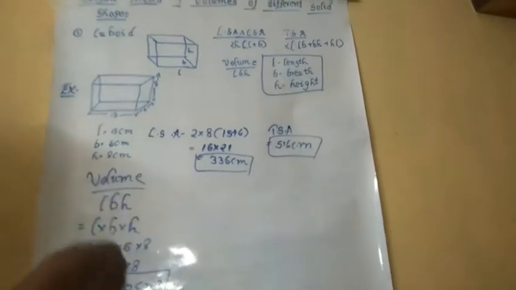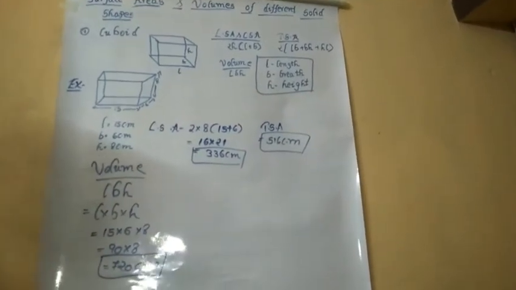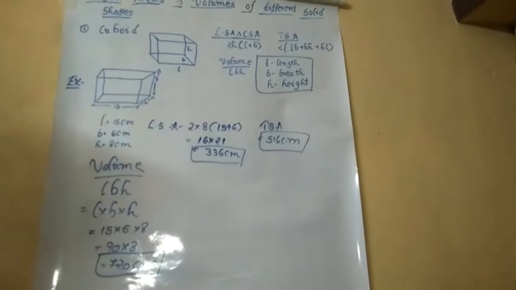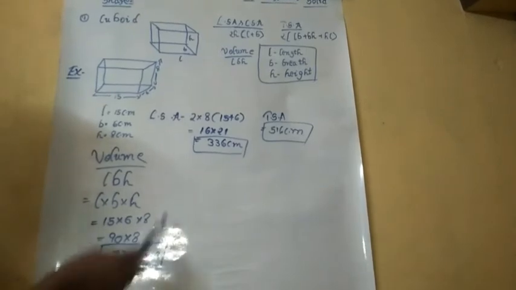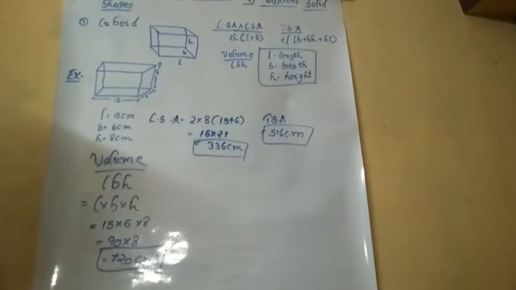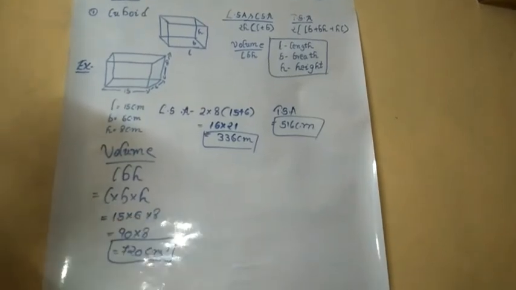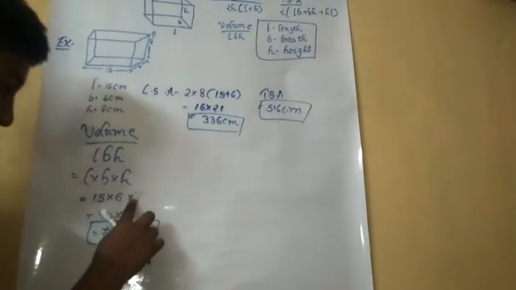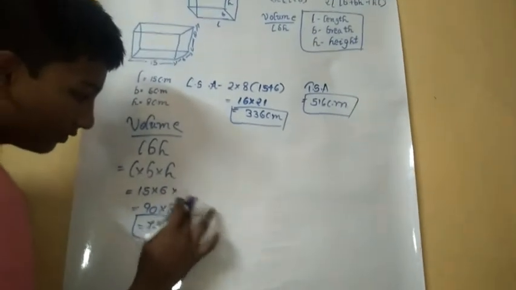So friends, this is the model of a cuboid. In competitive exams or school exams, we may get it in a different model, where they give the final answer and miss any one of the dimensions. It's easy. We take the missing value, say the 8, as x.